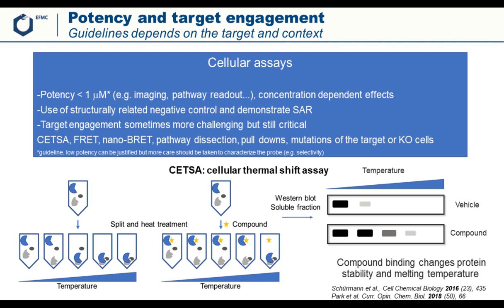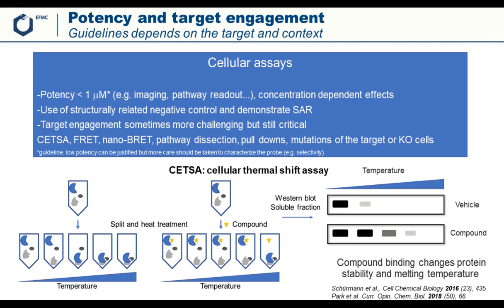Now, if you add a compound, such as the cartoon in the middle, you will stabilize the target protein, which is represented by this blue Pac-Man. So this will lead to a higher amount of protein that is still folded. And when you separate the soluble fraction by centrifugation, you can actually monitor the levels of protein by simple techniques like Western blot.